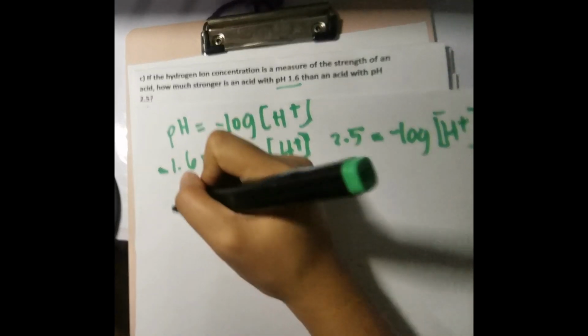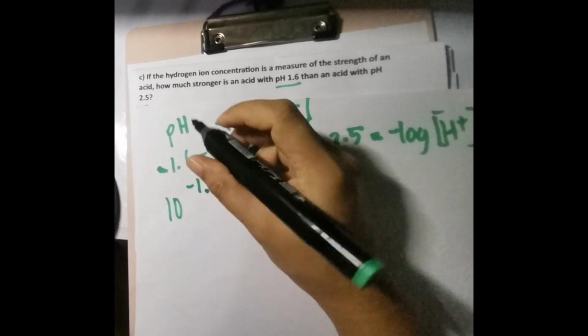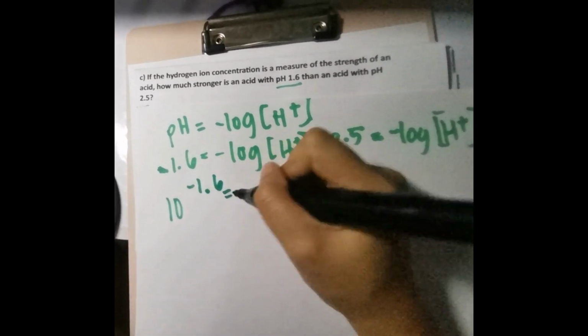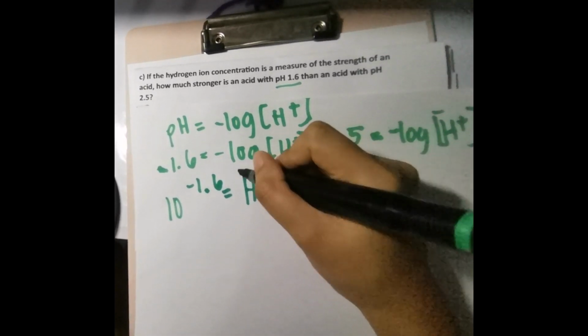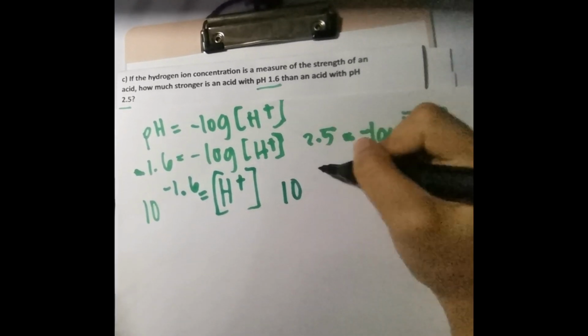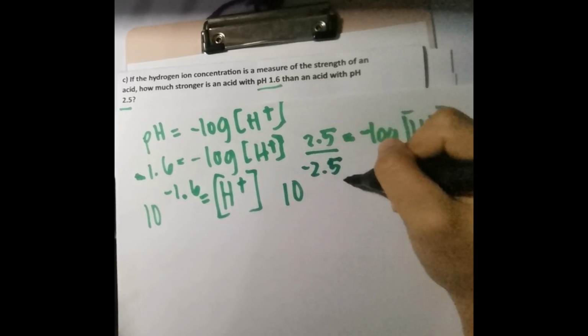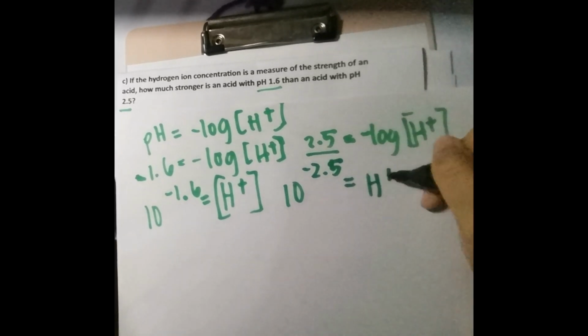So we will have 10 raised to negative 1.6 is equal to H plus, and 10 raised to negative 2.5 is equal to H plus.